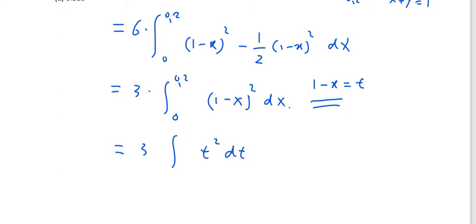When x equals 0, 1 minus x equals 1, and when x equals 0.2, this is 0.8. So this integration gives t cubed over 3, the 3 cancels, so this is just 1 minus 0.8 cubed.